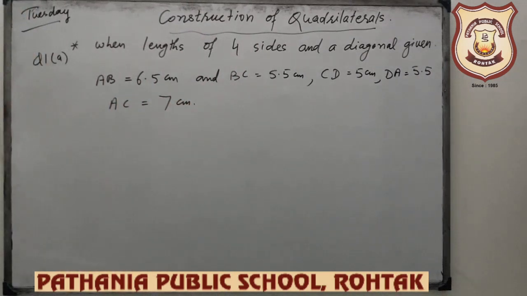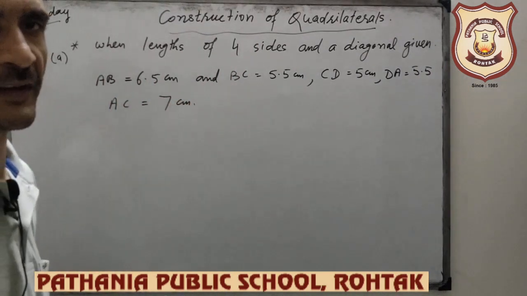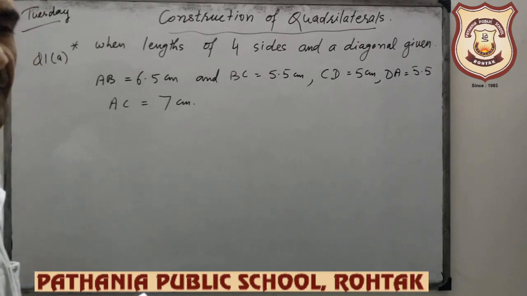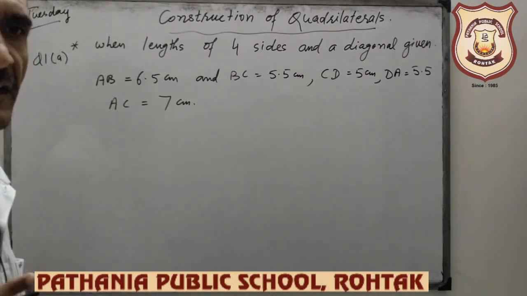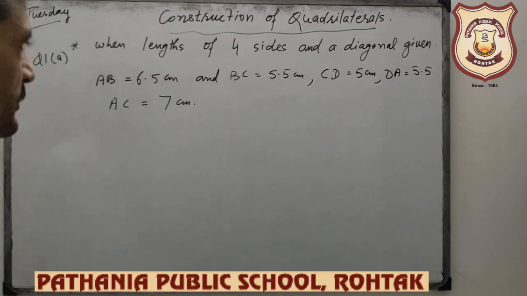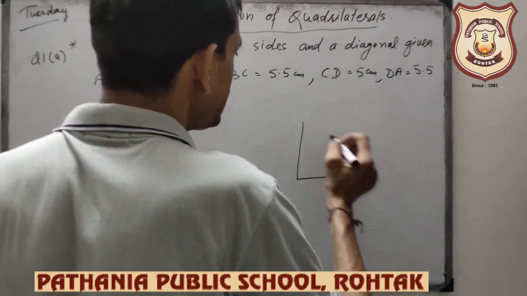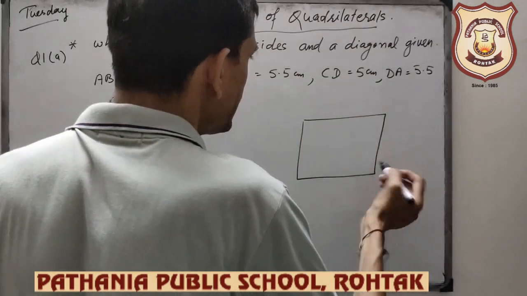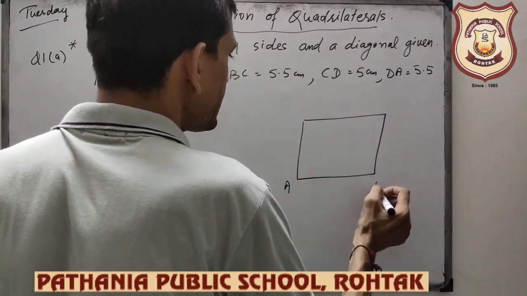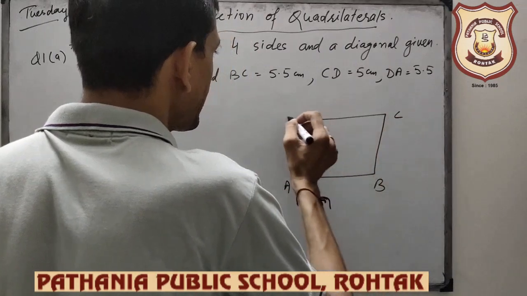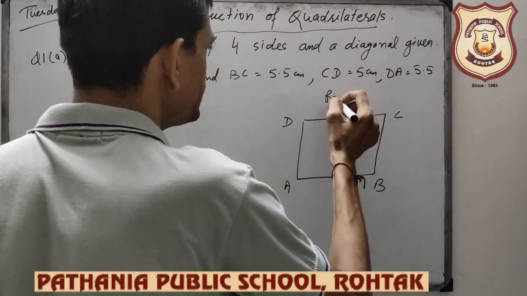So students, it is better if you draw a rough figure first, otherwise at every moment you have to check what is given from the statement and then you commit a mistake. So let us draw a rough figure first. ABCD, a quadrilateral. Anyway, it is a rough figure. Write here rough figure.